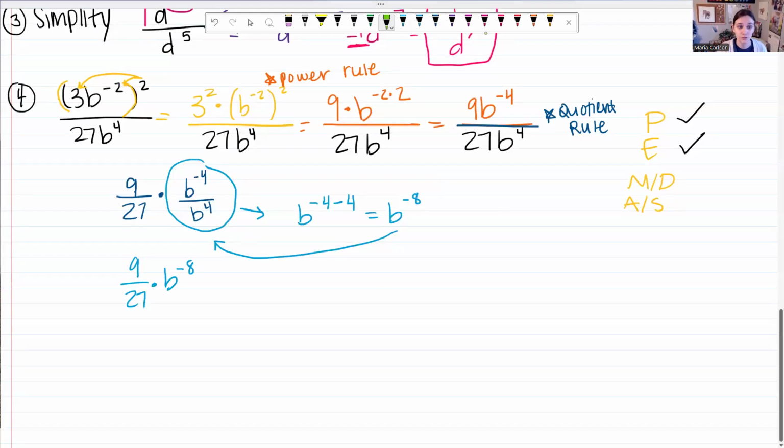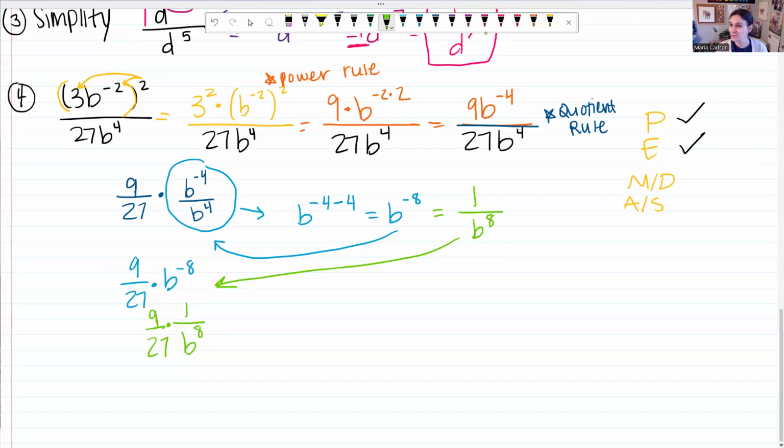So I now need to tackle the negative exponent, and b to the negative 8 power is really 1 over b to the 8th. Okay, so let's substitute that in for b to the negative 8th. We know that b to the negative 8th is really 1 over b to the 8th power, right? Dividing by b 8 times, and that is going to be multiplied times 9 over 27.